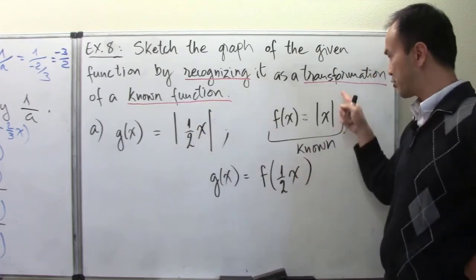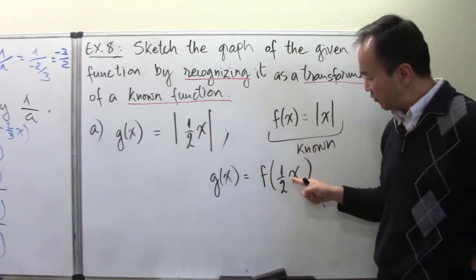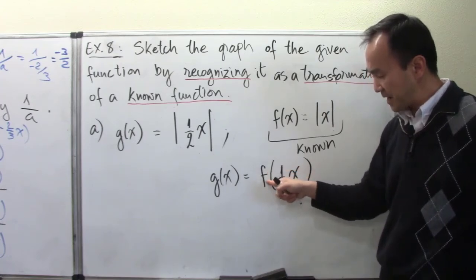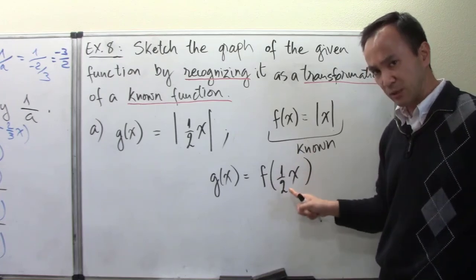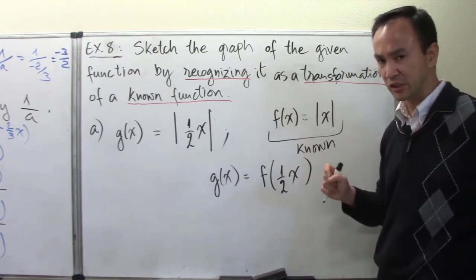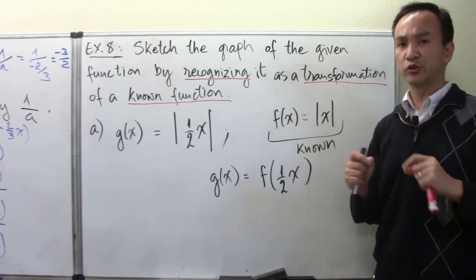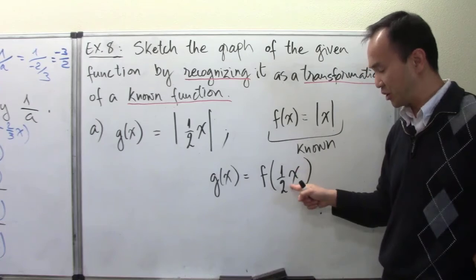So this is what I mean by recognizing this function g of x as a transformation. By the way, what transformation is this? The parent function f takes the input as an expression ax. That perfectly rings a bell that this transformation has a horizontal scaling, because of that ax form.